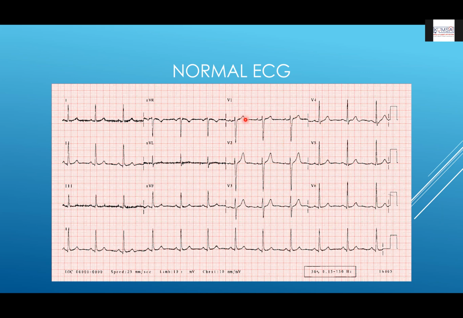So from V1 to V6, you get that positive QRS because you're moving towards the left ventricle. And the left ventricle is the stronger part of the heart. So it's positive in V5, V6 because you're receiving the electricity.